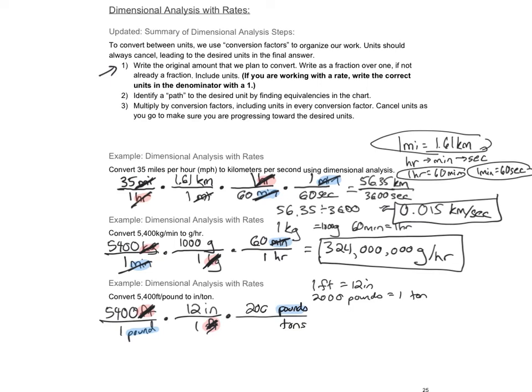And there are 2,000 pounds in 1 ton. And so now the pounds cancel, and we end up with 5,400 times 12 times 2,000, which is equal to, let me just check this real quick, 129,600,000 inches per ton.